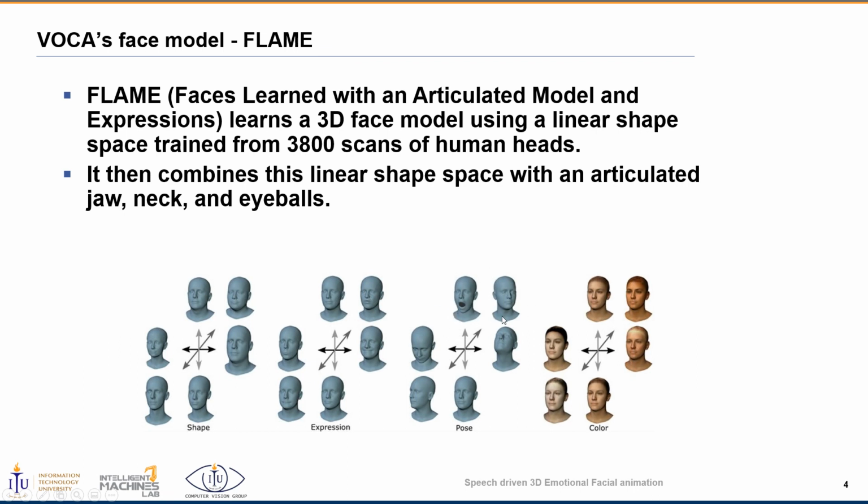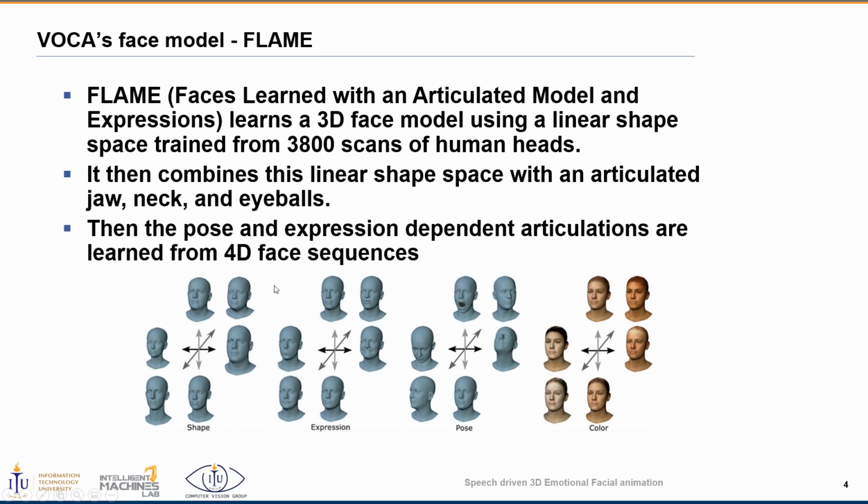So these motions are controlled by those joints, and then the expression space is learned by using a dataset which is rich in extreme emotions and great variation in emotions of 3D and 4D face sequences of humans.